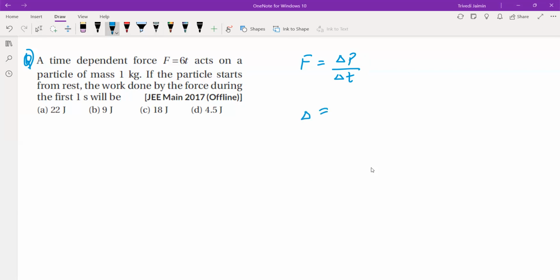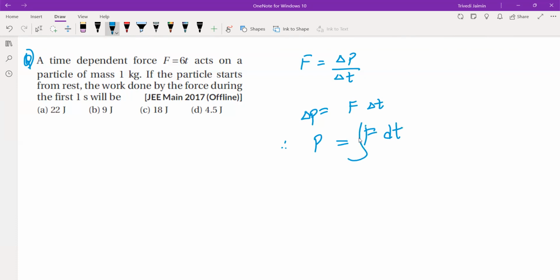Delta P equals to F delta t. That is what we are going to do. Therefore, P will be equals to integration of F dt.